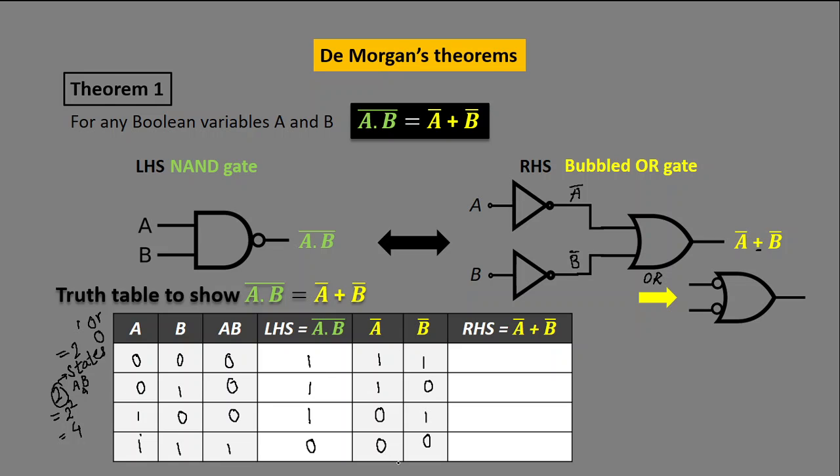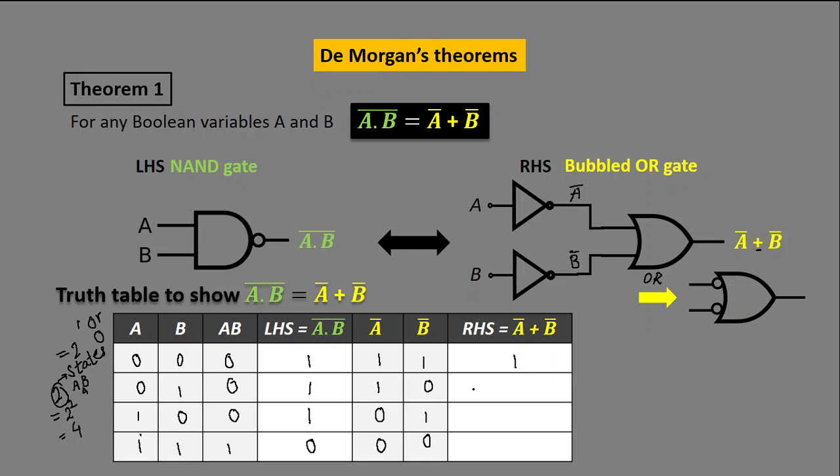Now in the RHS case, it is written as complement of A or complement of B. The OR operation says that if any input is high, that is 1, then the output is 1. Here the two inputs are 1 1, so at least one input is 1, therefore the output will be 1.